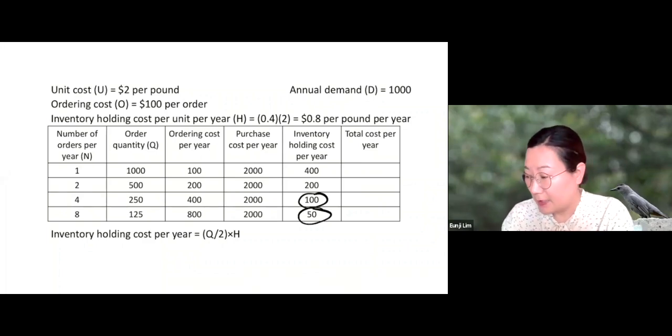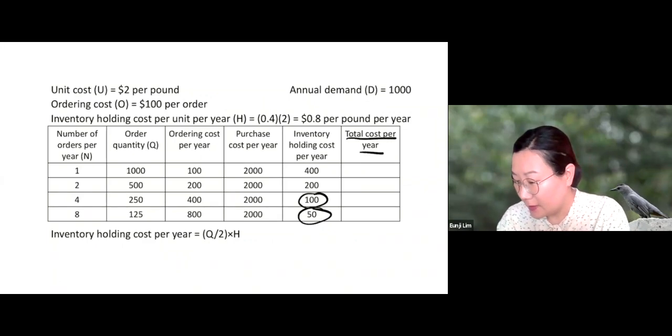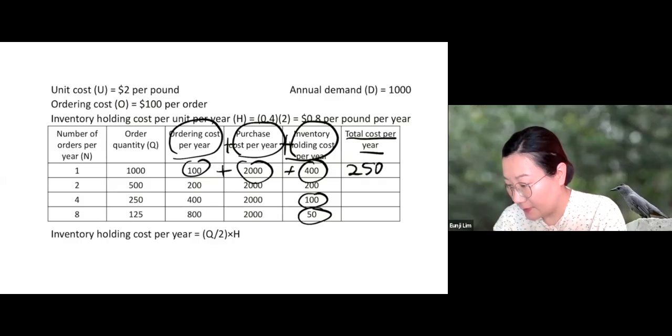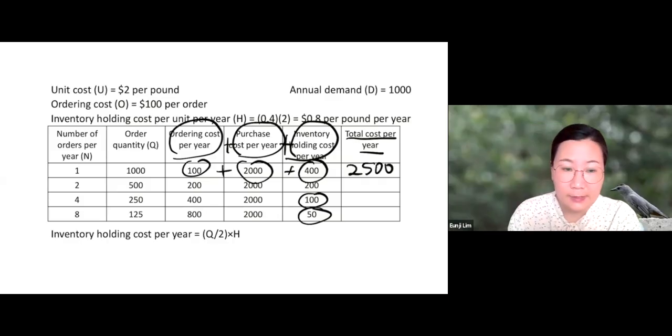And let's find the total cost per year. That's the sum. We have 3 types of costs: ordering cost, purchase cost, and the inventory holding cost. So the total annual cost is the sum of these costs. So add these up, you get 2,500.